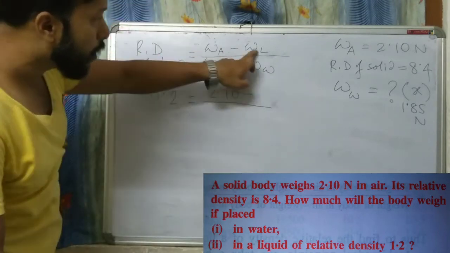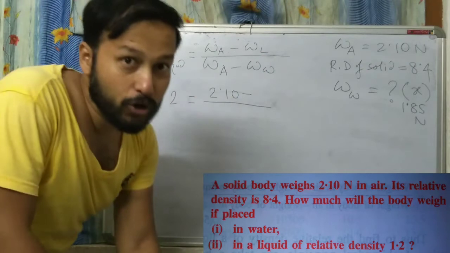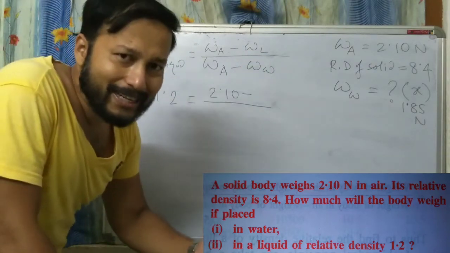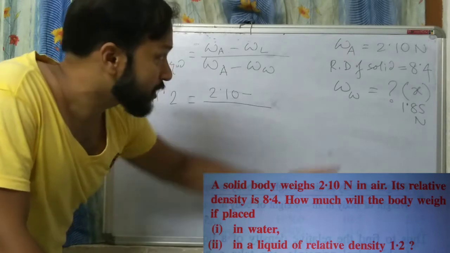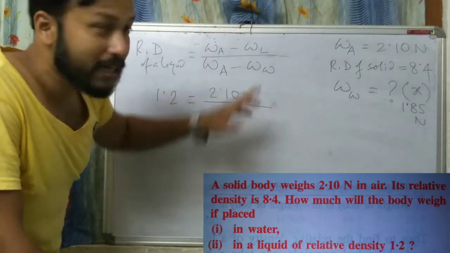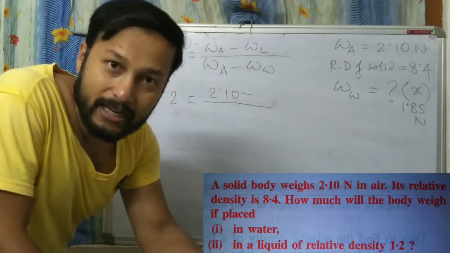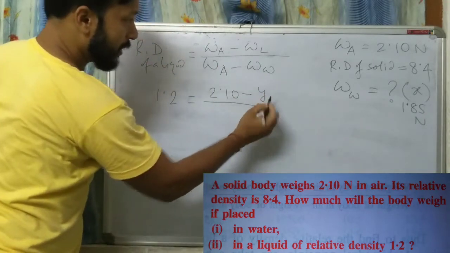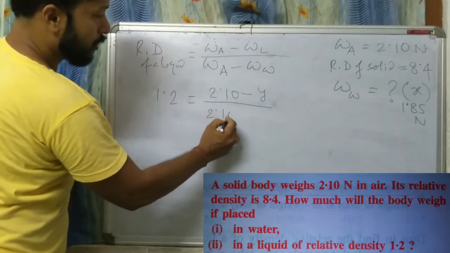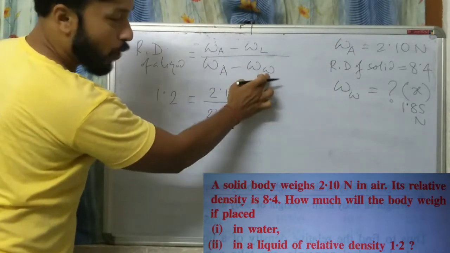Weight of the object in air 2.1 minus weight of the object in liquid. We do not know that. Let us write it x. No, x we cannot take because x we have already taken. Say the weight of the object in liquid be y. So this is y, by weight of the object in air 2.10 minus weight of the object in water.